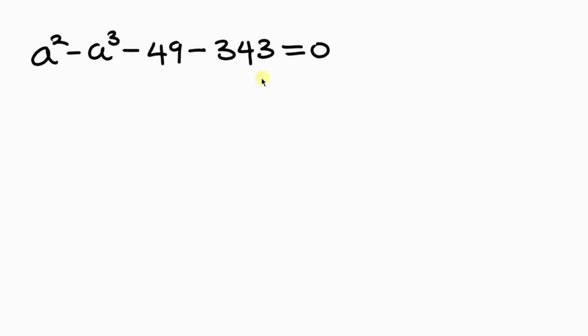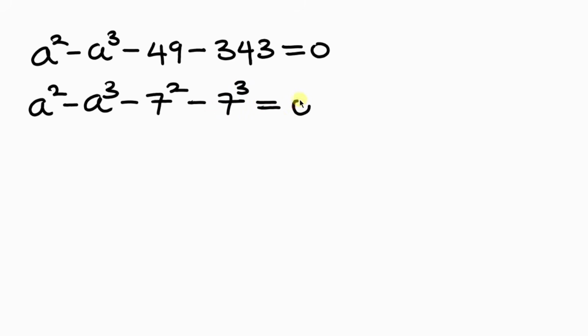Now we can simplify this expression. So a squared minus a cubed minus 49 as a perfect square can be written as 7 squared, minus 343 as a perfect cube can be written as 7 cubed. And this is equal to 0.